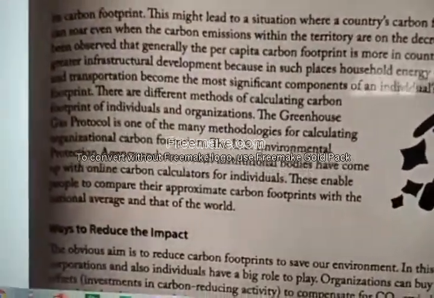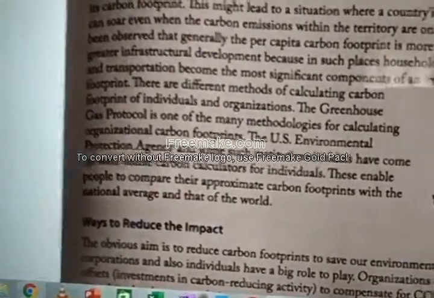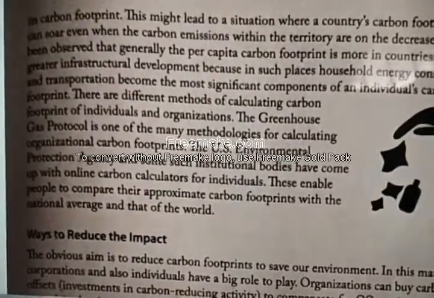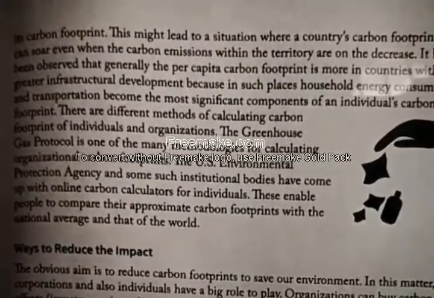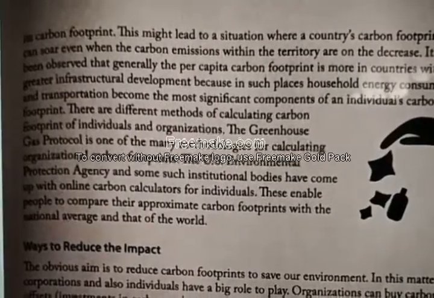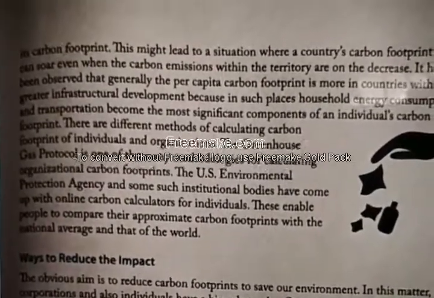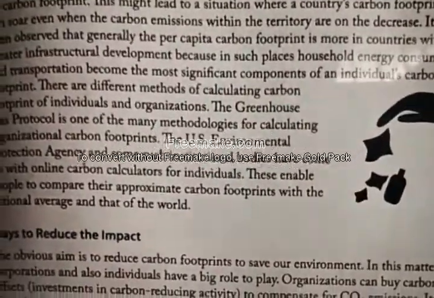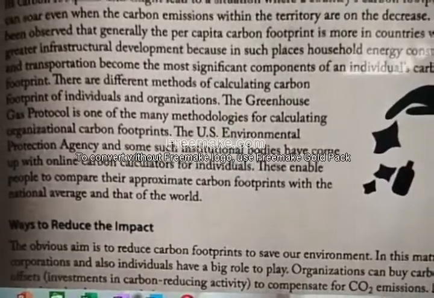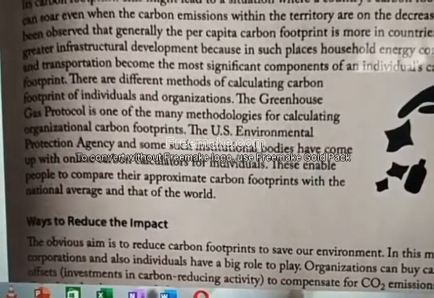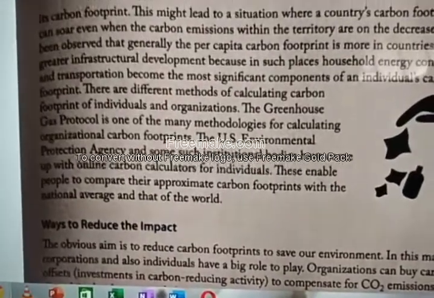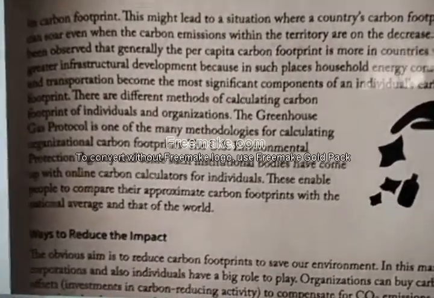There are difficult methods of calculating carbon footprints of individuals and organizations. It is really hard to calculate how an individual produces carbon dioxide, and how much an organization or a company produces. The greenhouse gas protocol is one of the many methodologies for calculating organizational carbon footprint.